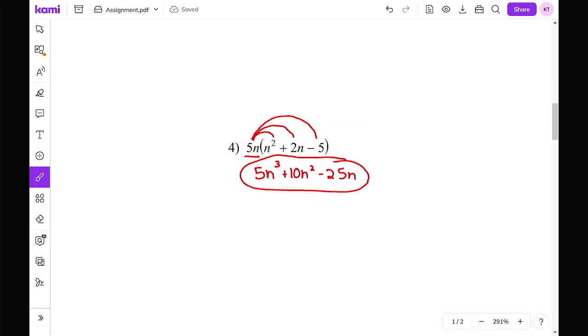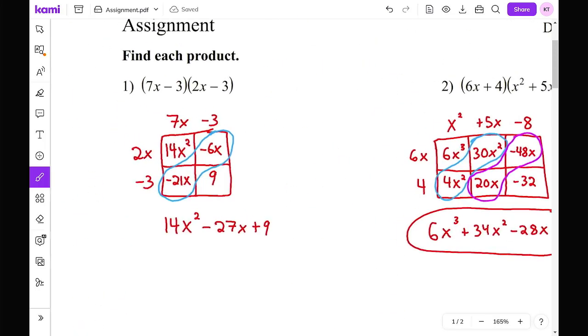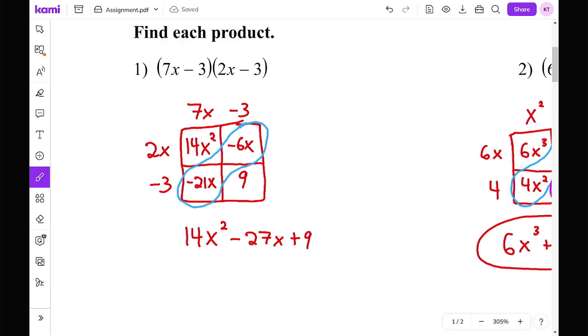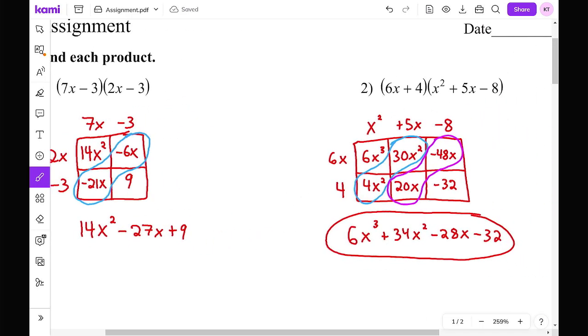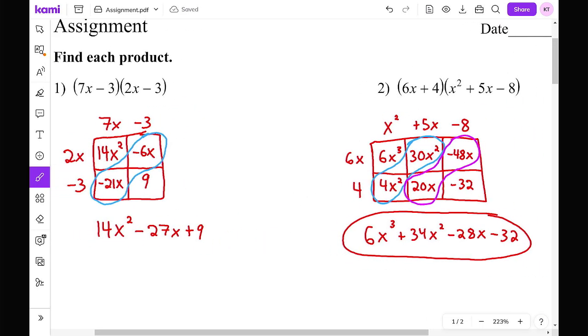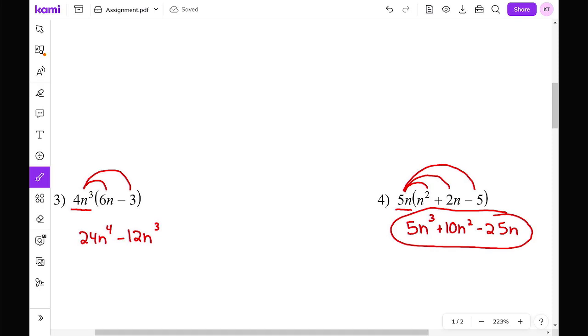So again, if we have a binomial times a binomial, or if we have a binomial times a trinomial, what we want to go ahead and do is set up our box method and then go ahead and combine like terms. Or if we have a monomial times a binomial or a monomial times a trinomial, then we can go ahead and distribute.